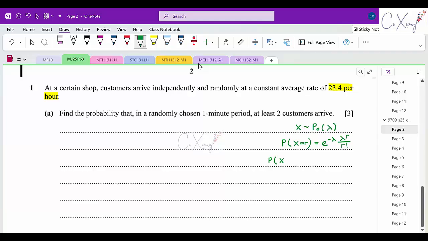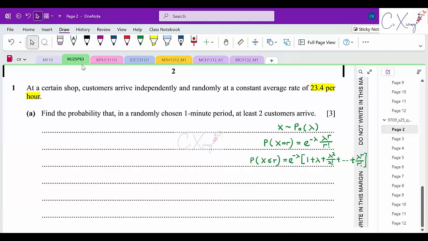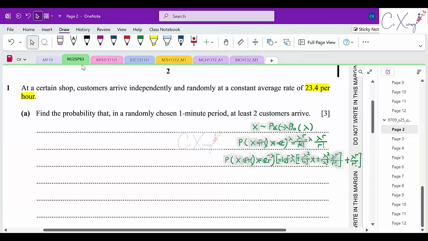If they're asking for X smaller than or equal to r, the general formula is e to the negative lambda times: X equals 0, it is always a 1; X equals 1, it is always lambda, followed by lambda squared over 2 factorial, lambda cubed over 3 factorial, until lambda to the power r over r factorial. So it depends on the value of r that you have. I think these are the two general formulas we use very frequently in the Poisson distribution.